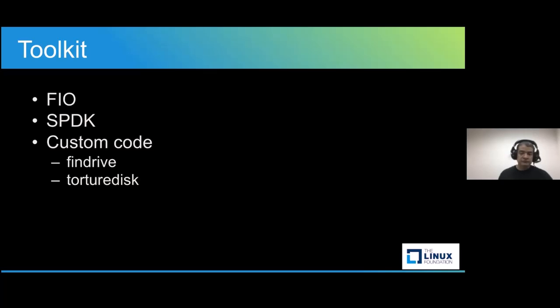And finally, we have some custom scripts that we created to make our life easier. One is just to find all the NVMe hard drives that are available in a given computer. And the other acts as a wrapper for FIO and SPDK and deals with creating the laundry list of tests to be fed, and then running the tests, saving all the output in some kind of format that's convenient for us to use.